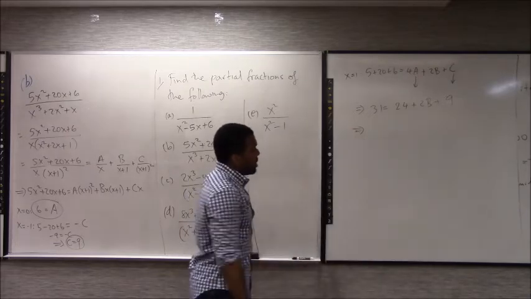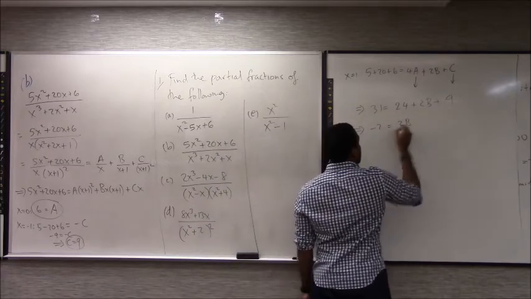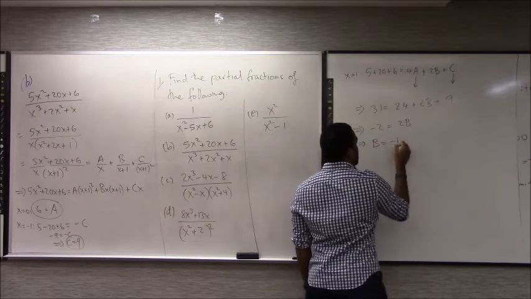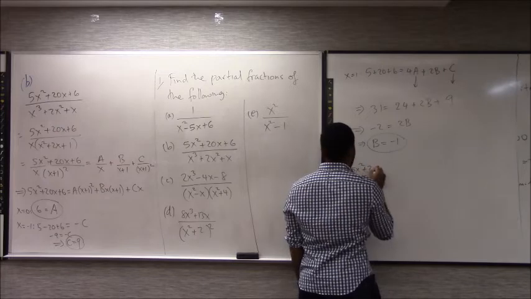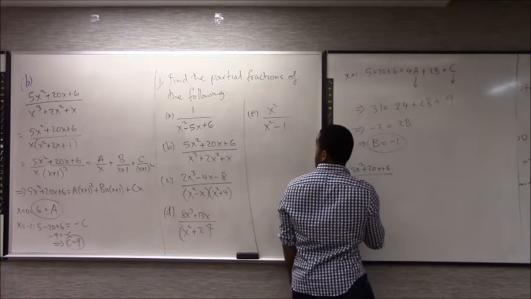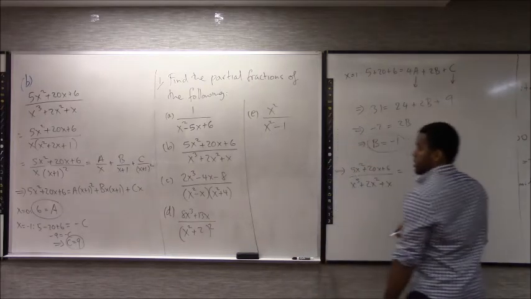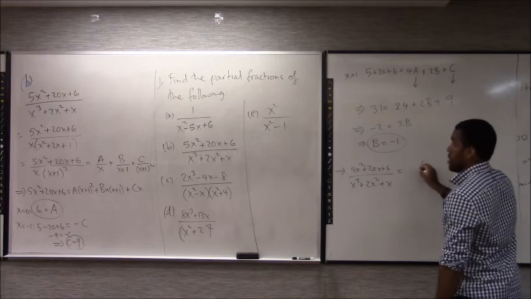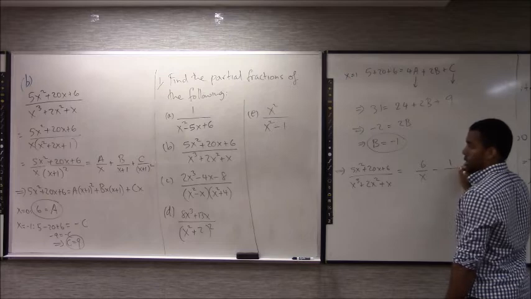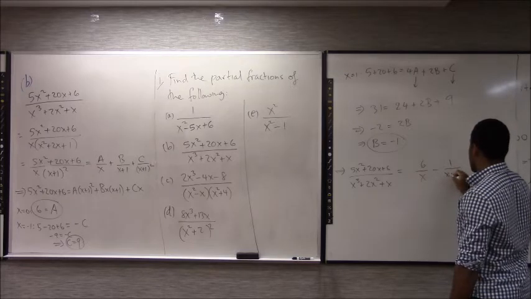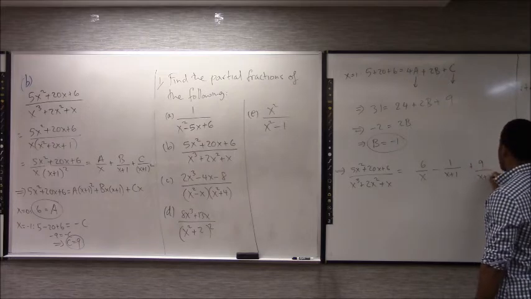So 24 plus 9, that's 33, subtract 33, I get minus 2. So your B equals minus 1, and therefore the fraction is equal to A over x plus B over x plus 1 plus C over x plus 1 squared.